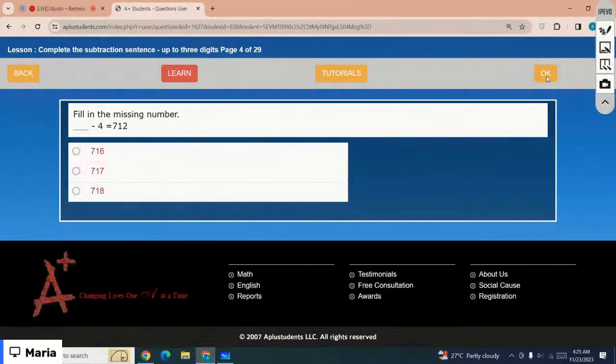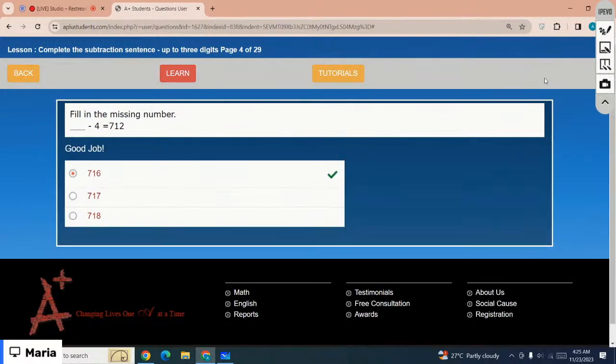The correct option is, yes, that is 716 minus 4 equals 712. Option number 1 is the correct option. That is 716 minus 4, right?